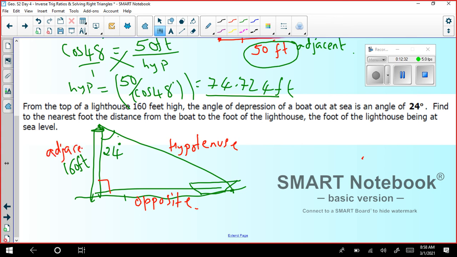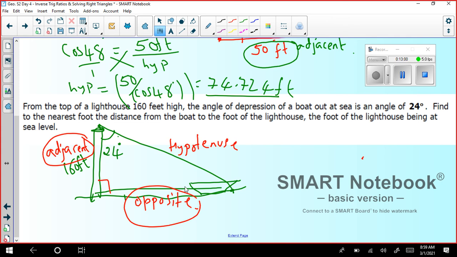Okay, let's pick up the two sides which we are interested in. We are interested in finding the distance from the lighthouse to the boat, so the opposite side, and we should pick a side where one of the sides is given. They have given us adjacent, not hypotenuse, so I'll pick opposite and adjacent.